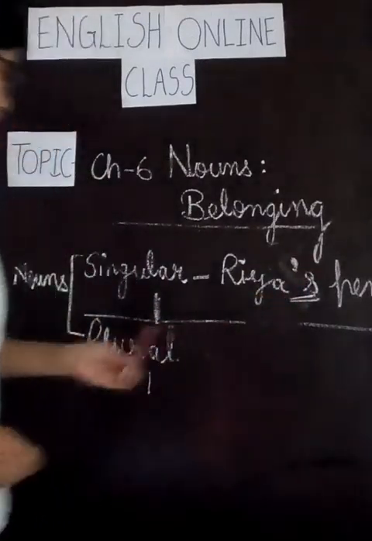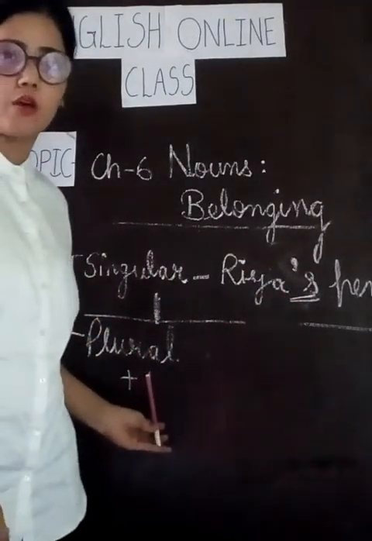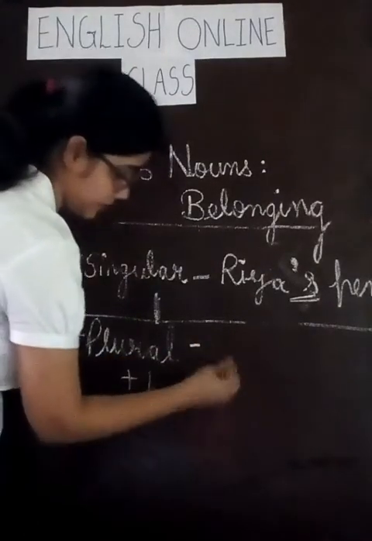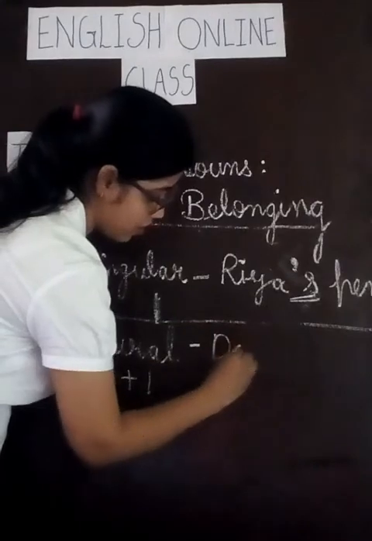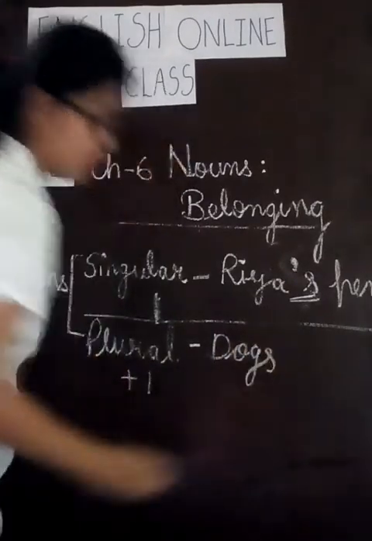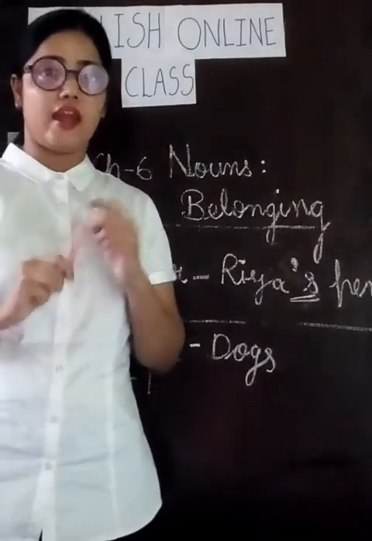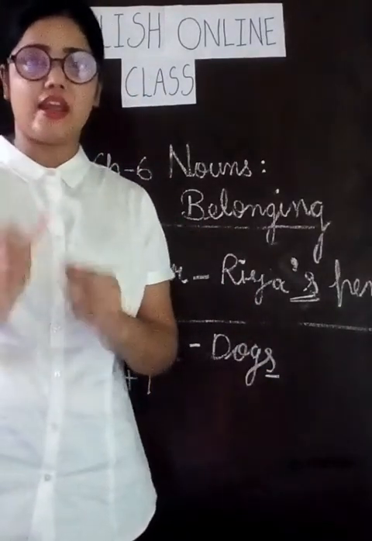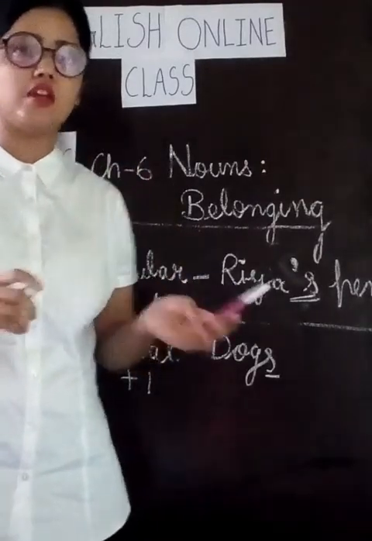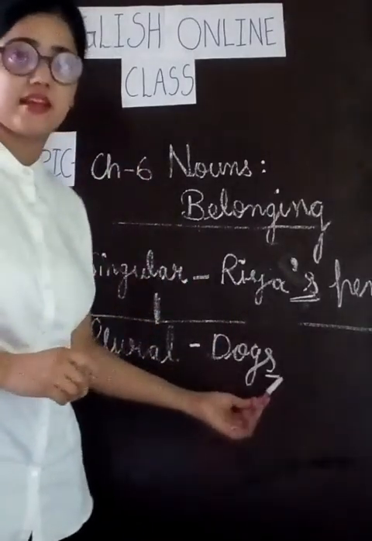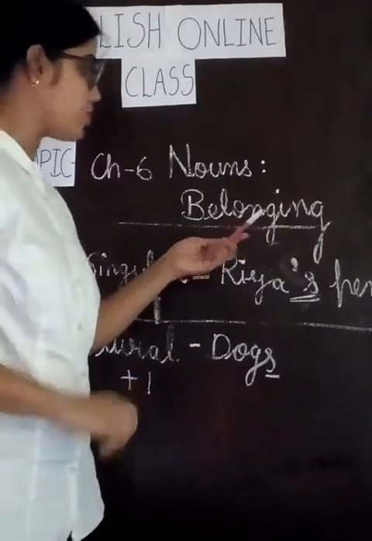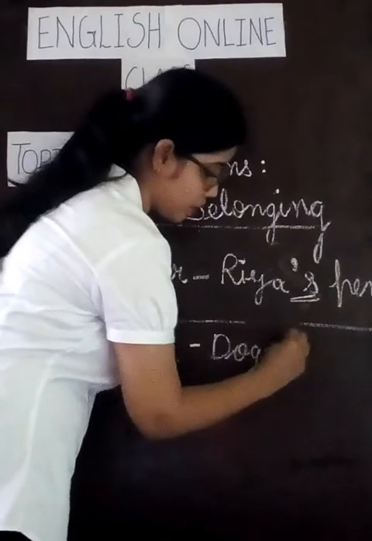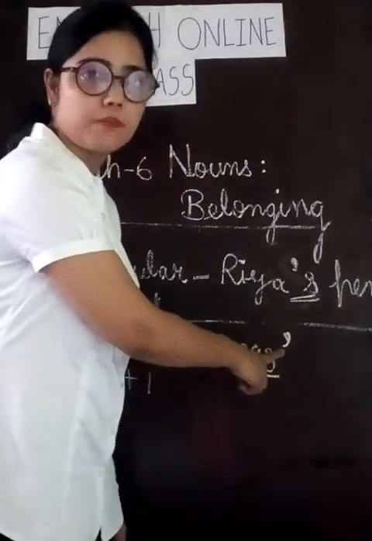Okay, now what will we do with plural noun belongings? Plural can be like dogs. When a noun is already ending with s, then to indicate its belonging, we will only put an apostrophe.